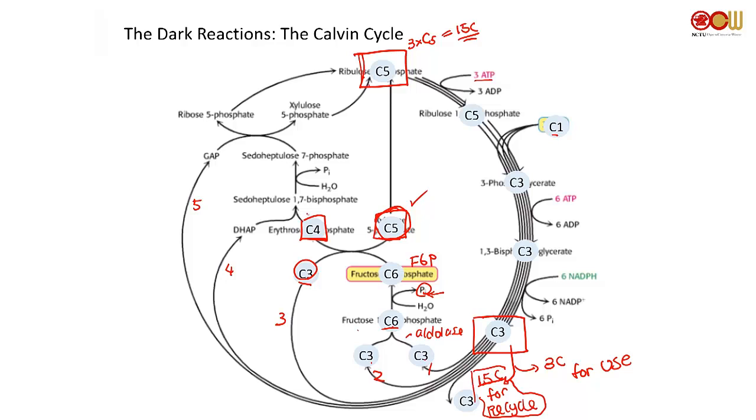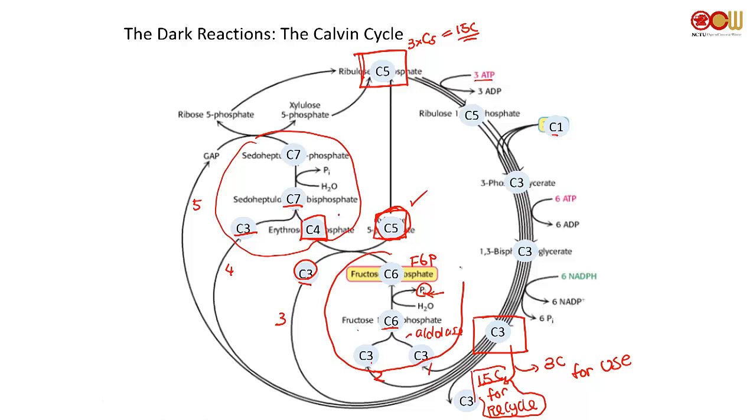To do that, we give it another C3, and we can make C7. And guess what? This reaction is pretty much the same thing as this part, right? One is 3 plus 3, and the other one is just 3 plus 4, and both of them will generate a sugar bisphosphate.